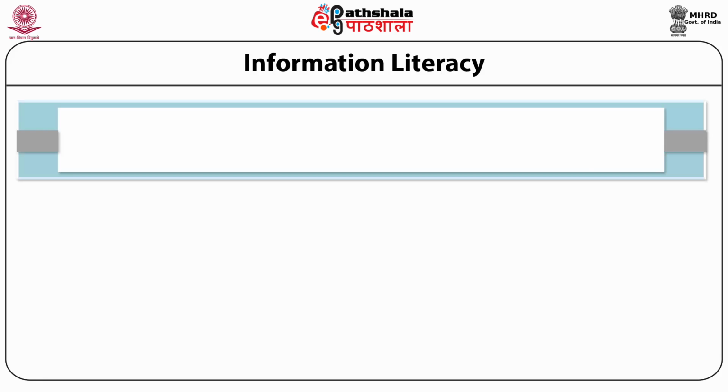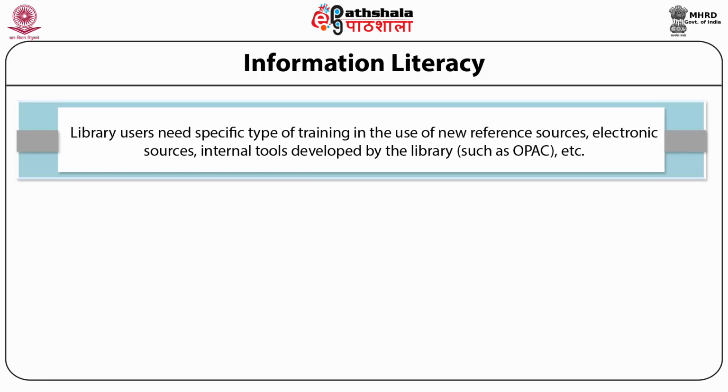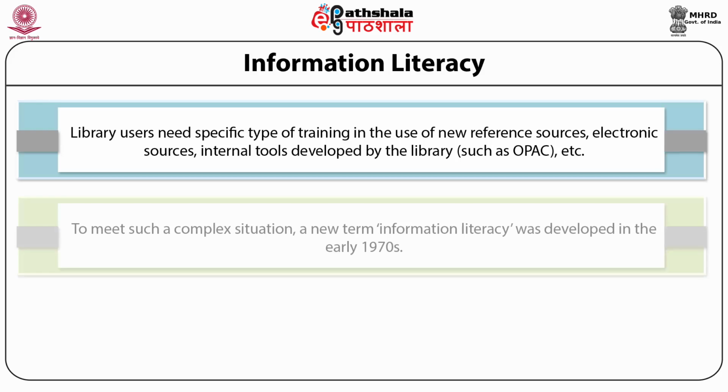now the librarians are moving towards what is called information literacy. It is experienced and realized that library users need a specific type of training in the use of new reference sources, particularly electronic sources, and the internal tools developed by the library, such as the online public access catalog, etc. To meet such a complex situation, this new term of information literacy was developed in the early 70s.